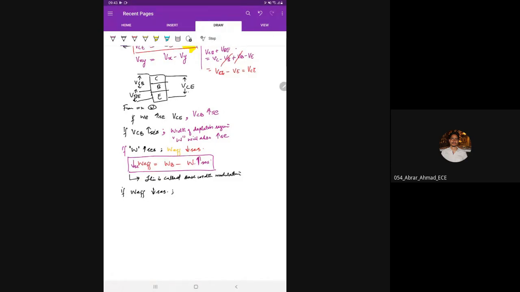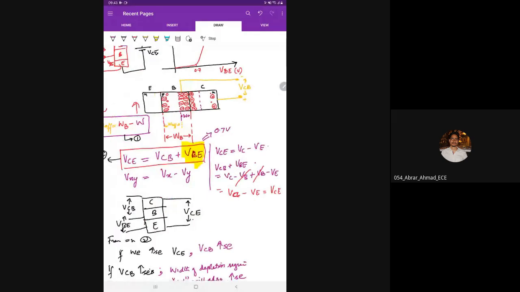Once the effective width is small, अब देखिए effective width तो ये है जहाँ पे थोड़ी सी recombination मिल जाती, जहाँ कुछ ना कुछ holes where some holes were available for the electrons which were emitted by the emitter. Some electrons which were emitted by the emitter, they want to recombine now in the base. So some region should be there. So that region will be not definitely depletion region, because in depletion region there are no free charge carriers. So the region outside the depletion region is basically effective width region.